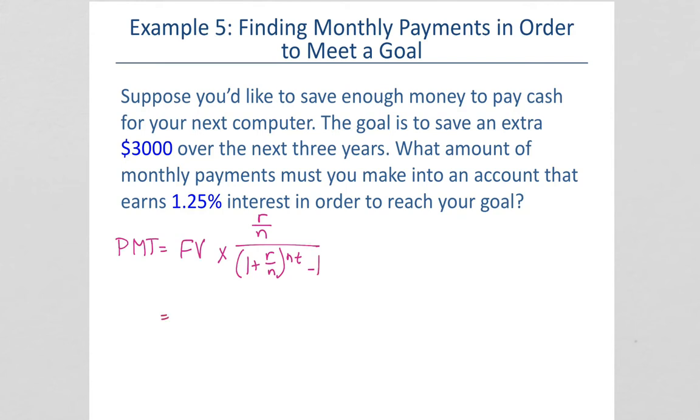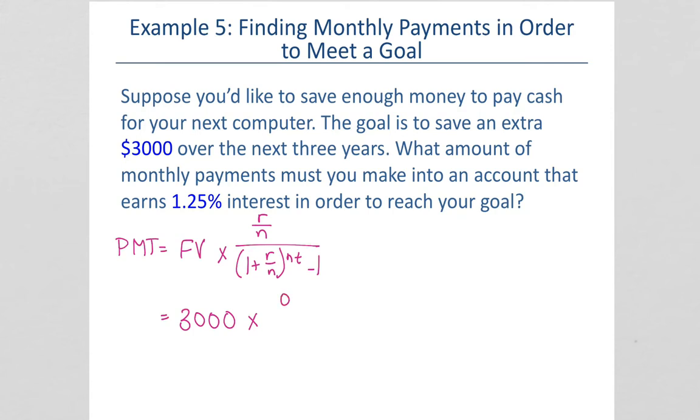Notice these formulas are just all manipulations of the same thing. If you solve for something different, you're just going through how to solve an equation for something different with all the same numbers. So our future value needs to be $3,000.